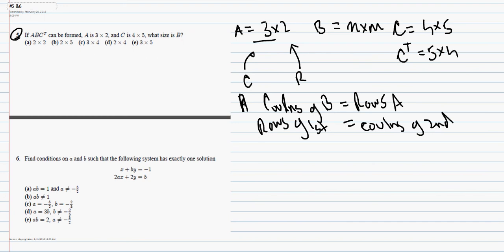Okay? So this is our first matrix, and that way we know what n is, right? So we know B is a 2 by something matrix.